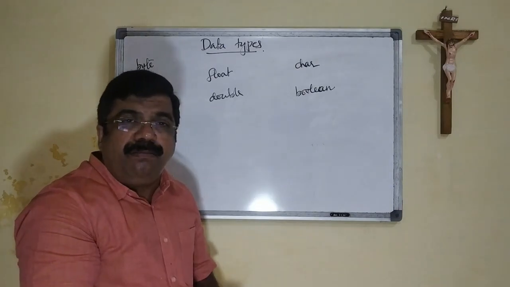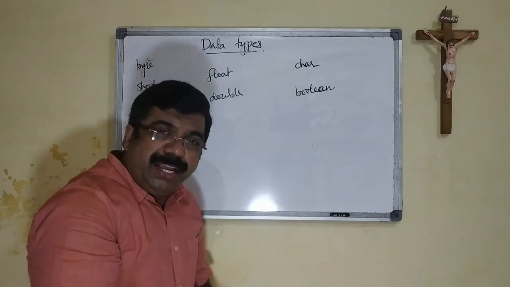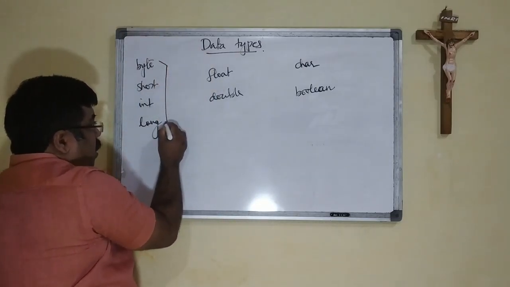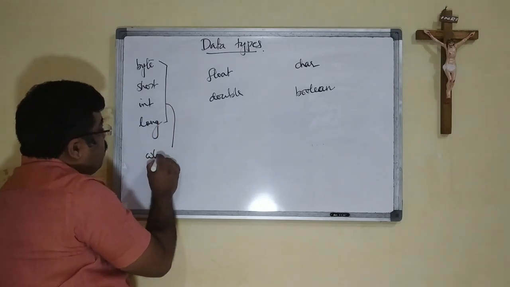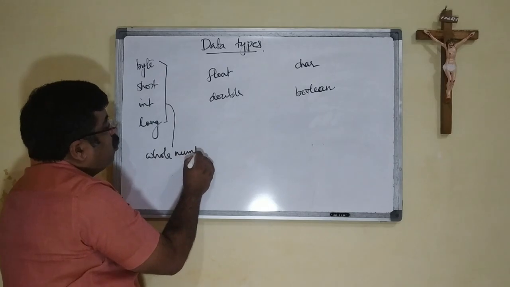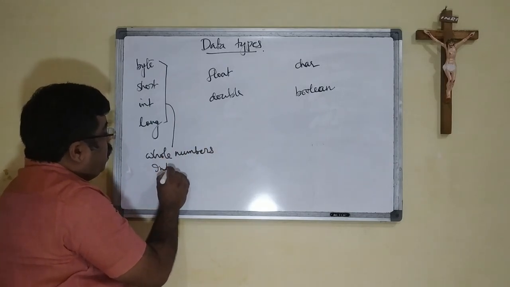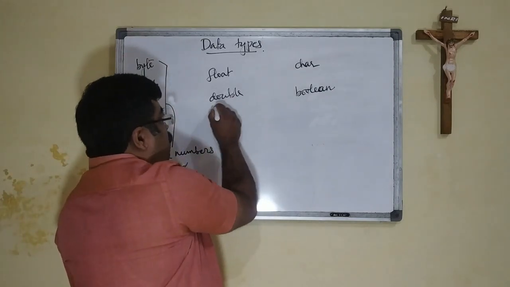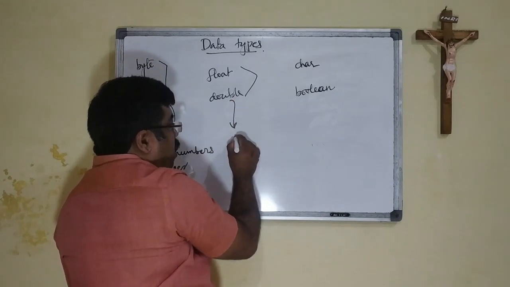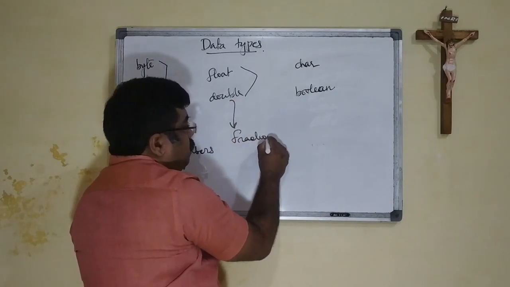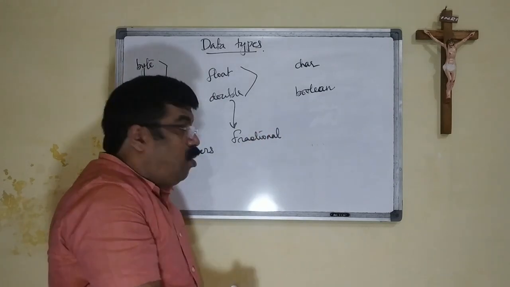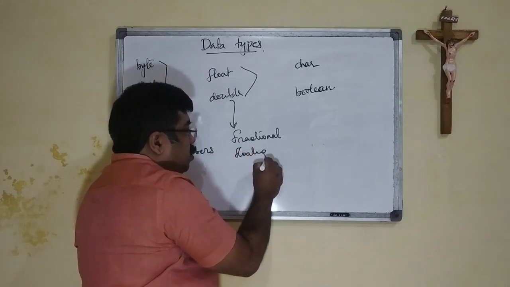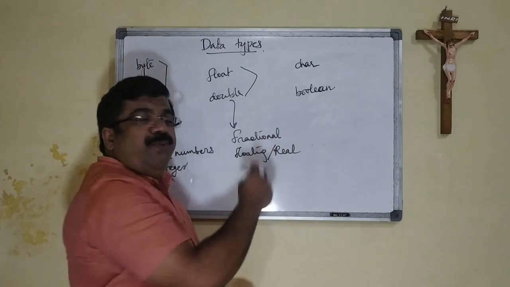And I will categorize them into 3 categories because of their nature. The first 4 are keeping what? The whole numbers. Or we say that they are integer data types. The second ones are keeping fractional values, and we call them floating point ones or the real ones.